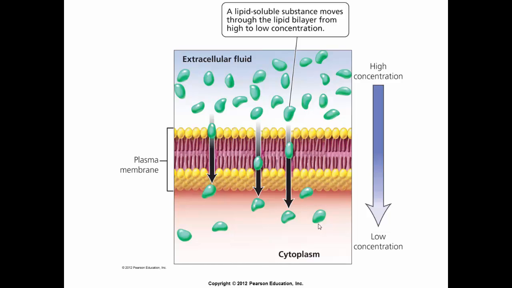This talks about a lipid-soluble substance that moves through the lipid bilayer from high to low concentration. A lipid-soluble substance may be something like a steroid hormone, and because of the lipid substance and the plasma membrane also being a lipid substance, it is able to move through the plasma membrane from the extracellular fluids, such as a steroid hormone that may be carried in the blood to diffuse into the cytoplasm, to be carried to the nucleus.